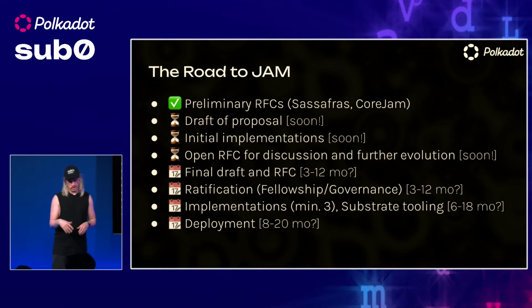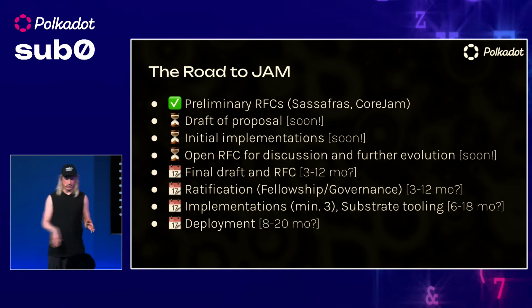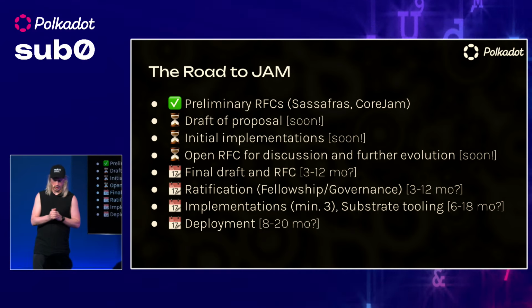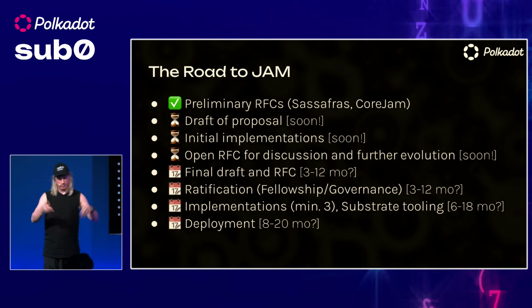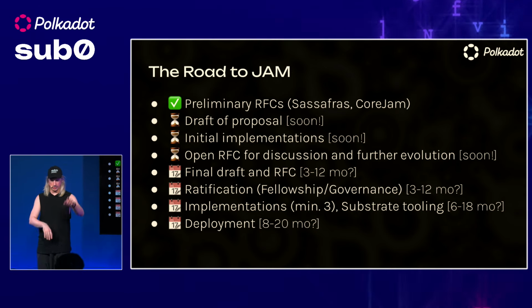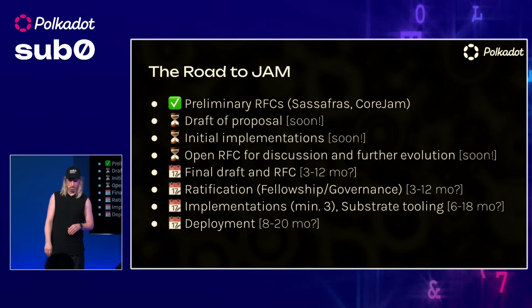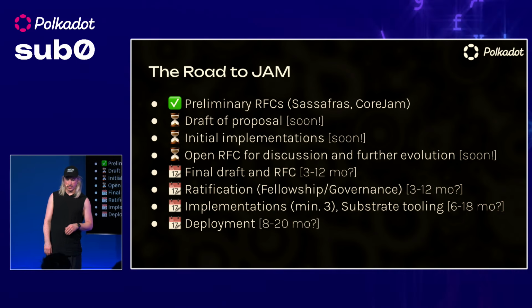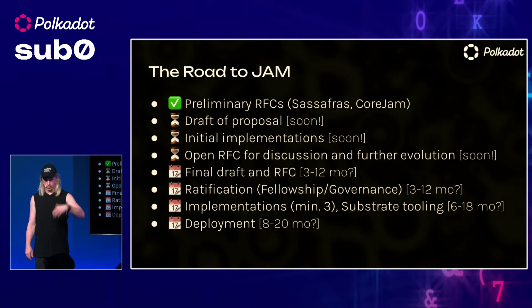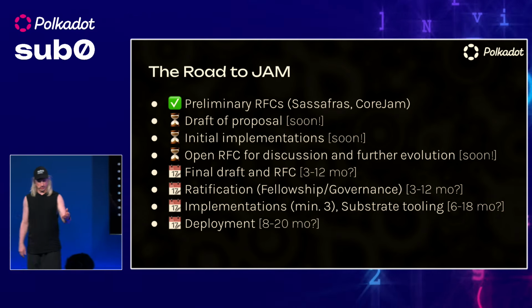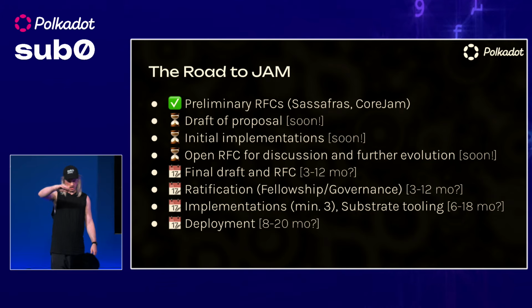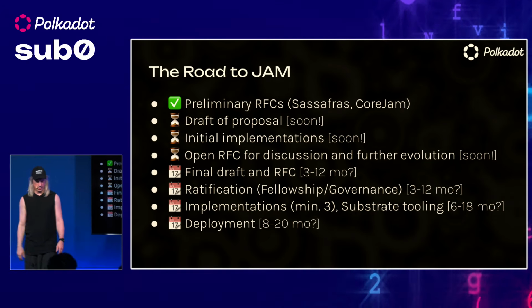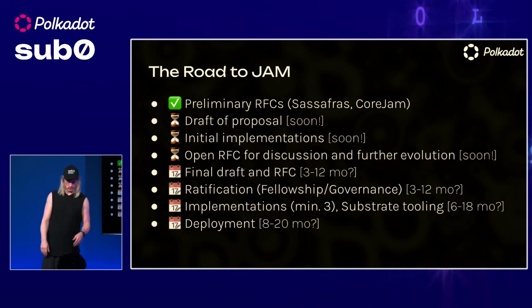Now, I'm guessing this would bring the timeline to like 6 to 18 months, depending on precisely how much the ratification and discussion process took. I am assuming that the Substrate tooling and other bits of development, service development, would be happening essentially in parallel with this discussion period in the months before.